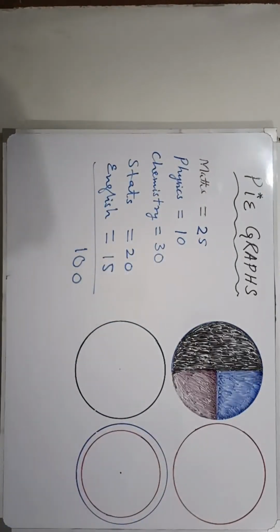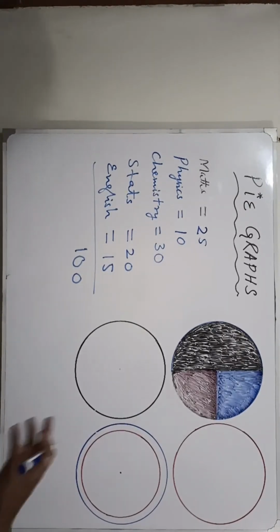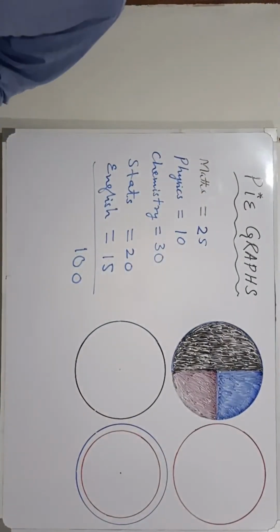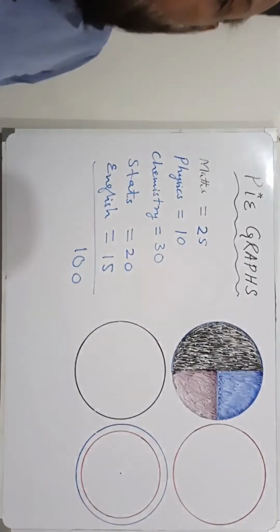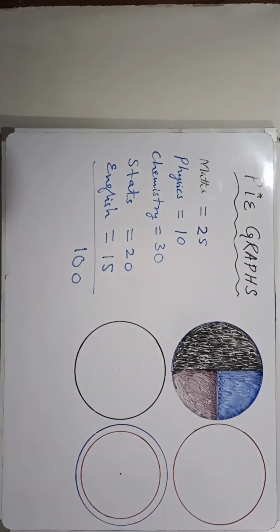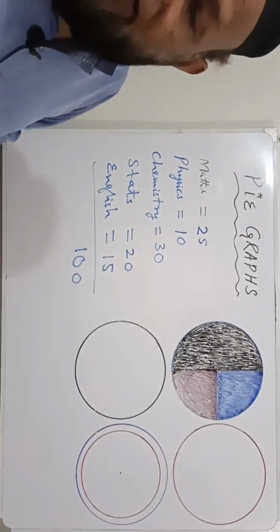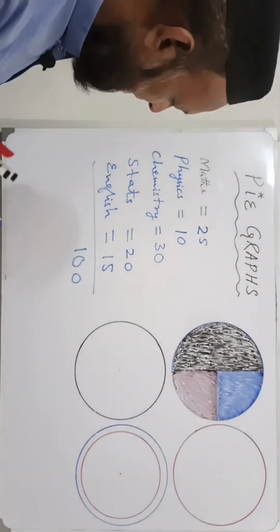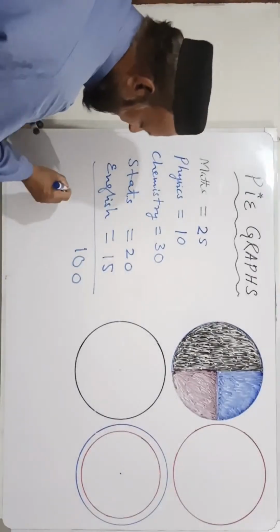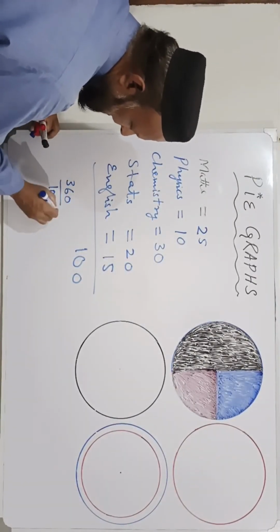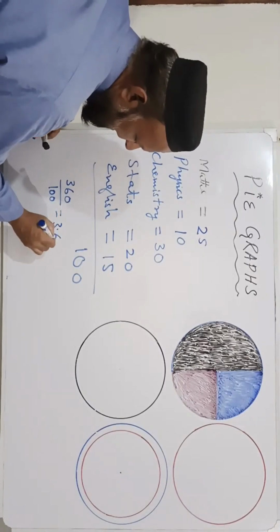We have to make a pie graph. What do we have to do? First of all, we will divide the angle by a number. Total number is 100. Total angle is 360. So 360 divided by 100 equals 3.6 degrees.